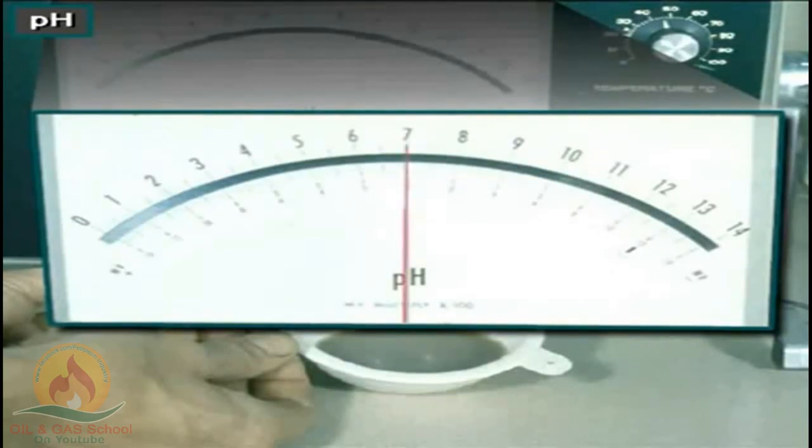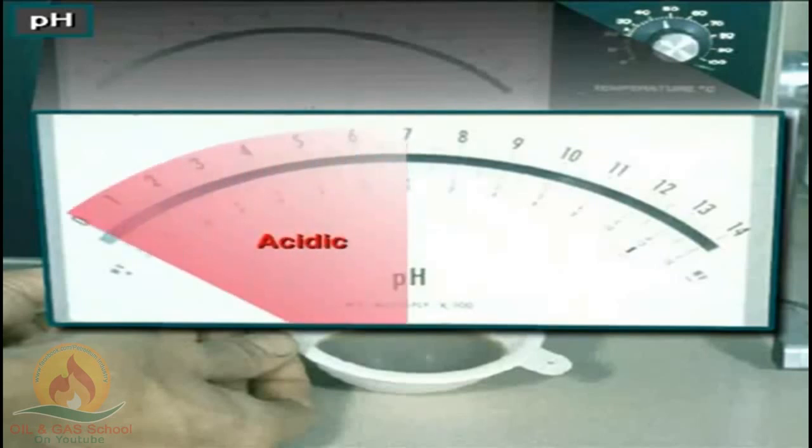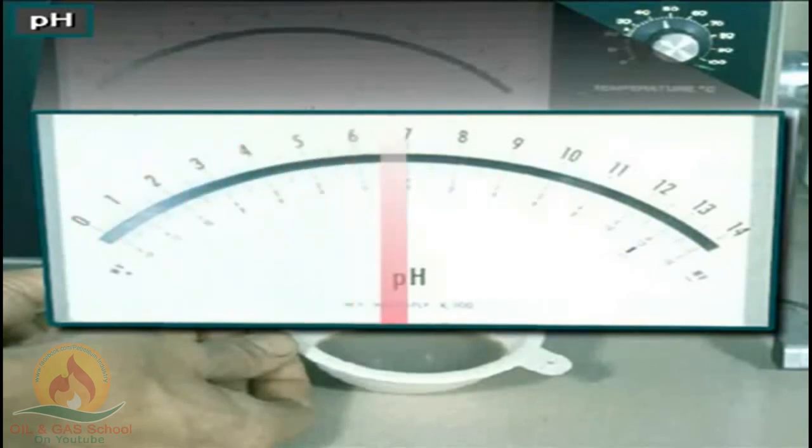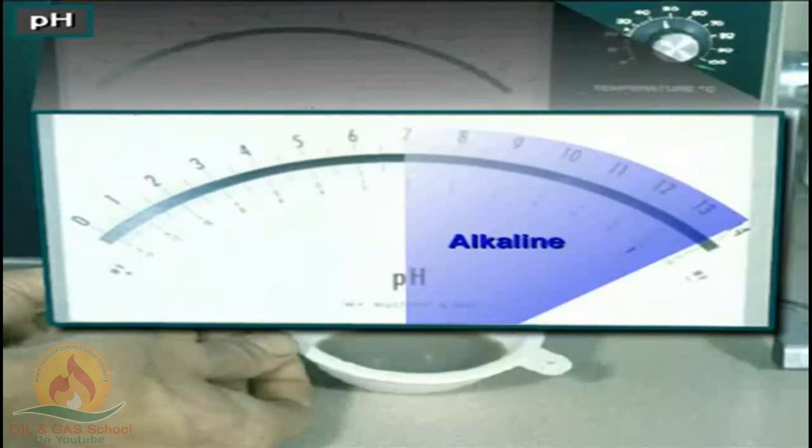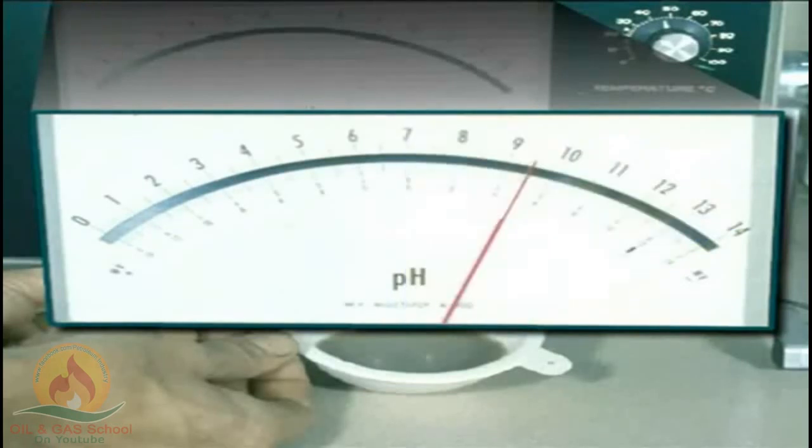If the mud is neutral, neither acidic nor alkaline, it has a pH of 7. Mud with a pH below 7 is acidic. A pH above 7 shows that the mud is alkaline. Most drilling muds require a high pH, at least 9 or higher.